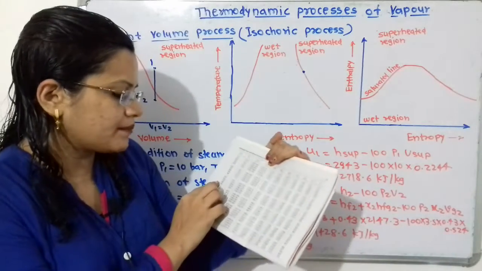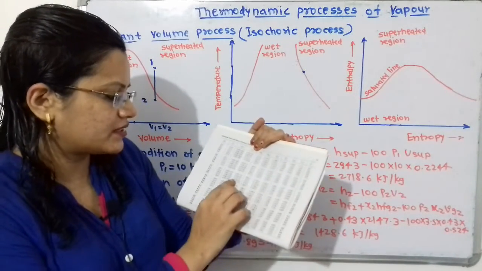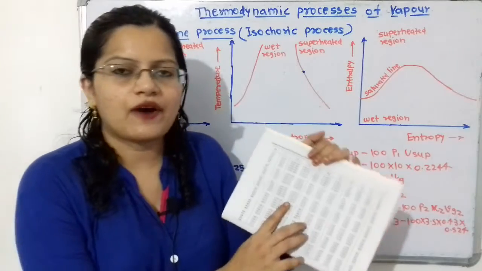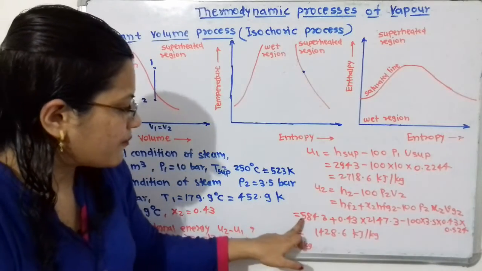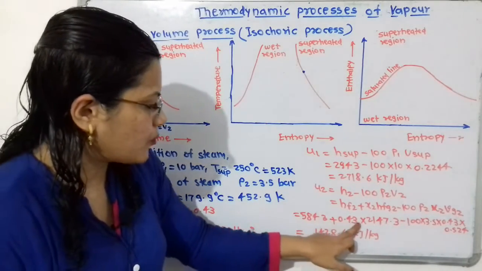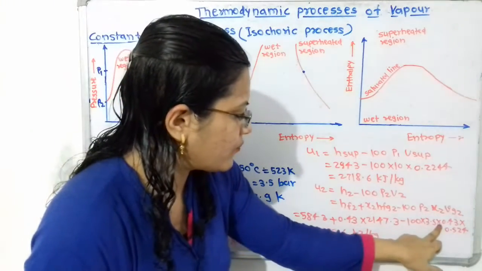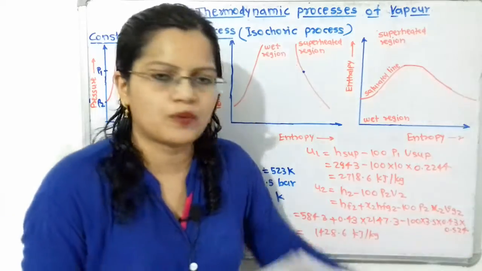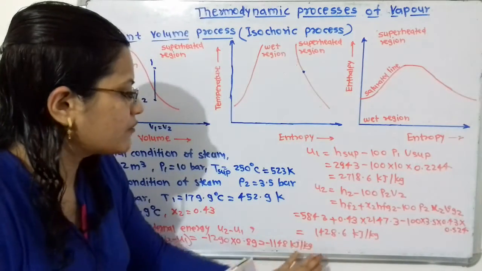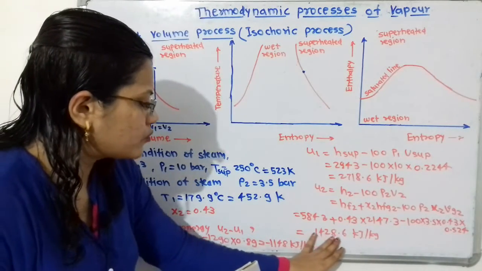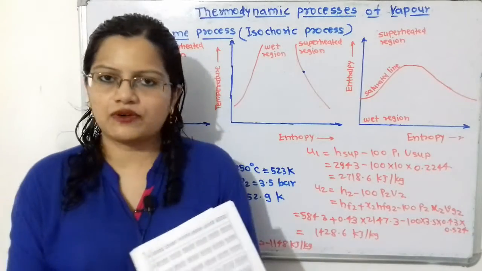At the same pressure, 3.5 bar, here is the Vg. So we have to take this value. 584.3 plus 0.43 into 2147.3 minus 100 into 3.5 into 0.43 into 0.524. When we calculate this, we will get 1428.6 kilojoule per kilogram.